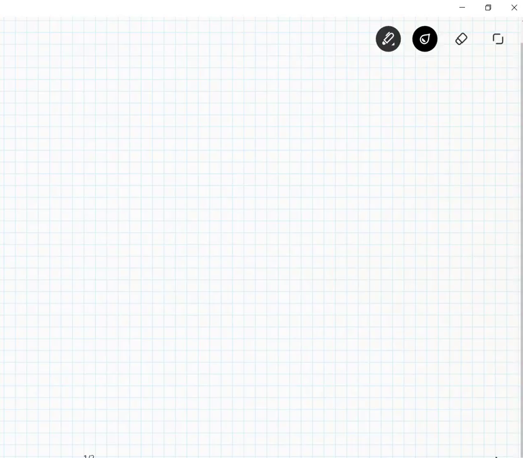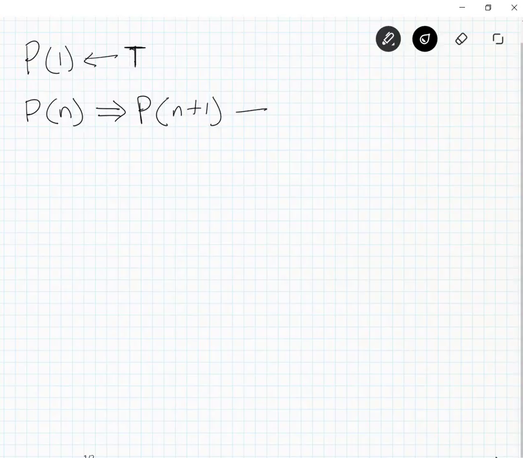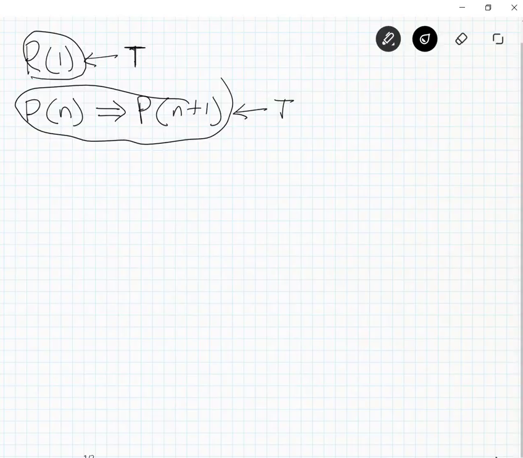Basically it says, if the first statement is true for the number 1, and it's also true that P of n implies P of n plus 1, if this statement as a whole is true, and this statement right here is true, then P is true for all numbers that you plug in here.